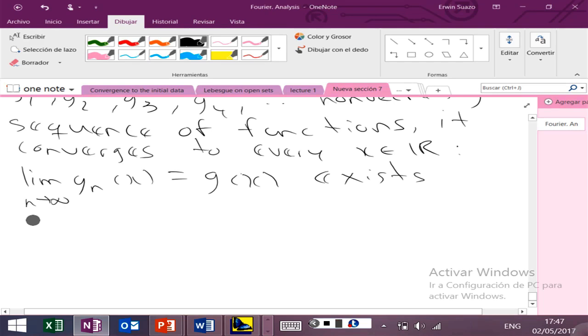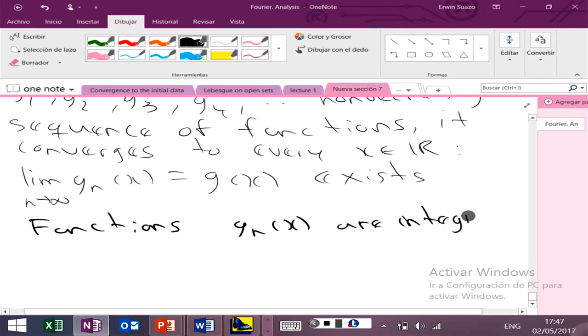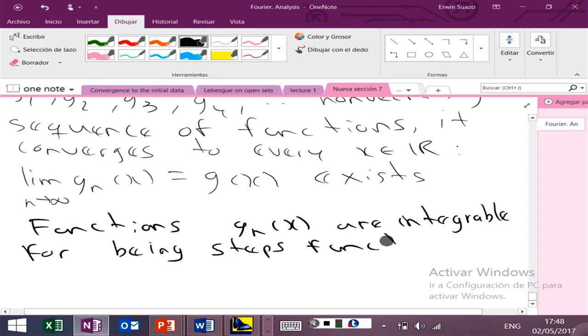So the functions g_n of x are integrable for being step functions, right? Those are step functions, or simple functions.